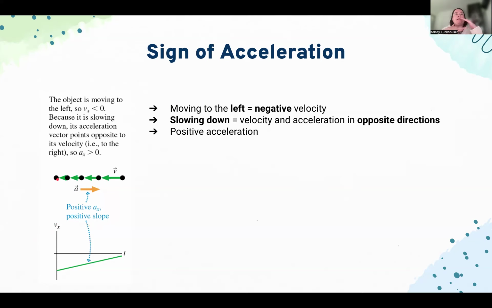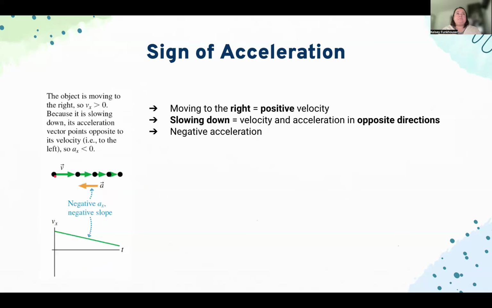So acceleration and velocity are in opposite directions. So we end up with positive acceleration. And then back at the graph, we see that this is a positive slope still, which is good because acceleration is positive, but it's below the 0 line because the velocity is negative.